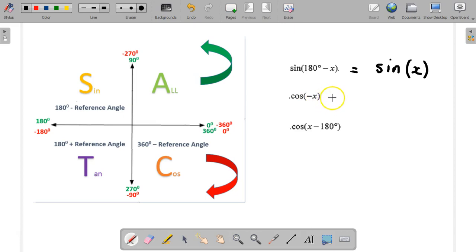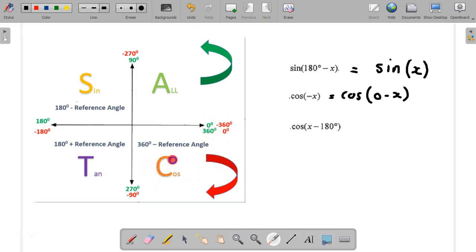Now if I look at cos of minus x, if I think about cos of minus x, I could write it as cos of 0 minus x, and that's essentially the same thing. But why I'm writing it like this is I'm highlighting the reference angle. So the reference angle here is 0. And then minus x is moving in the negative direction.